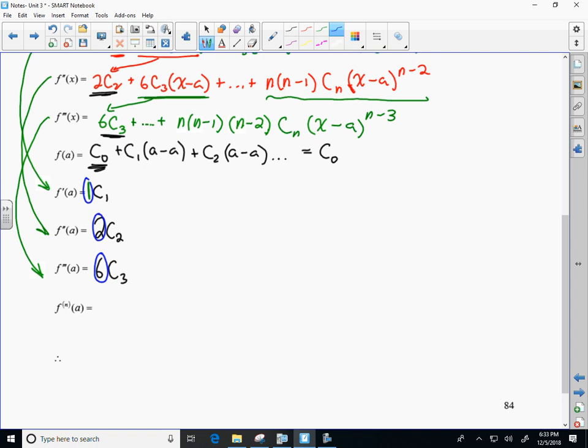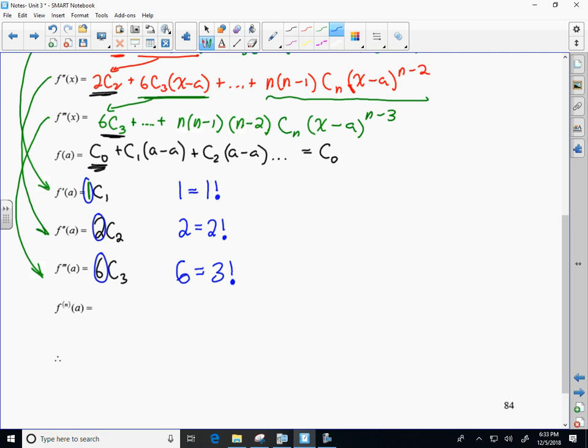All right. 1 is the same as 1 factorial. 2 is the same as 2 factorial. 6 is the same as 3 factorial. All right.